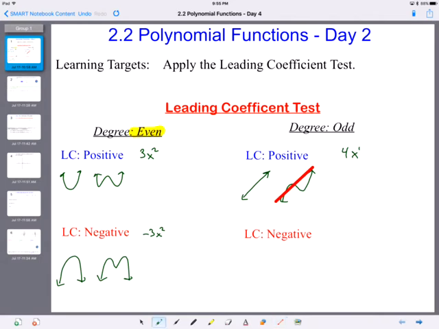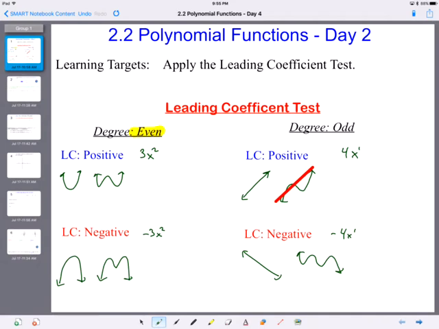And if the degree is odd, but your leading coefficient is negative, such as, let's say, negative 4x, once again, just a linear to look at that one, then now your line will be going down. And same is true for any odd function. So you could start high and have all this extra stuff and then end low.